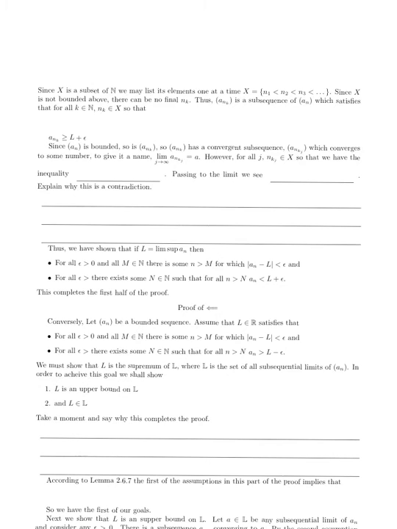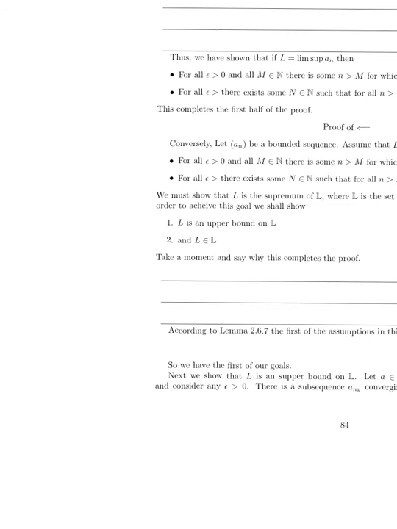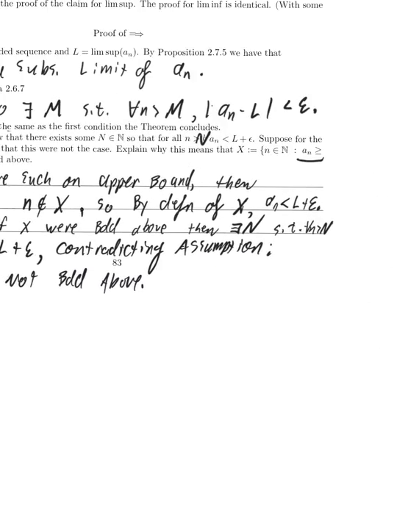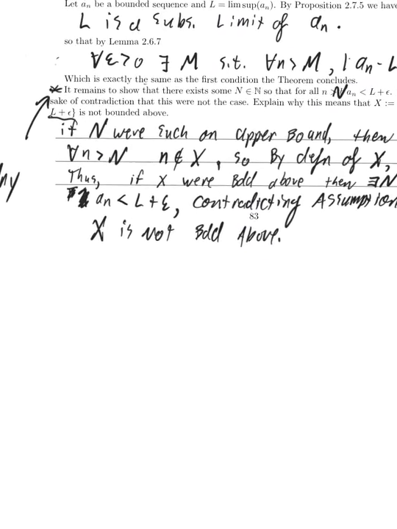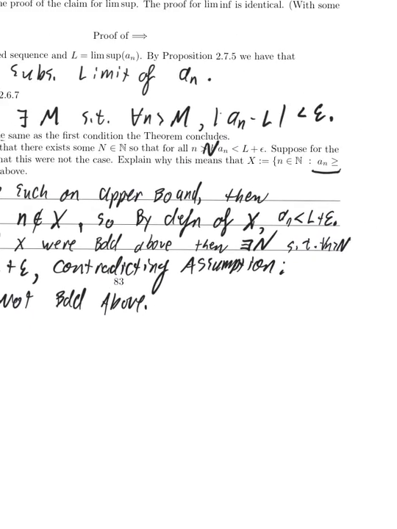X is equal to n1, n2, n3, and so on, where n sub k is the kth element of X. Aha, that means a sub n sub k is a subsequence of a sub n, which satisfies that for every k, n sub k is in X, and so, looking at the definition of X in set builder notation, a sub n sub k is bigger than or equal to L plus epsilon.